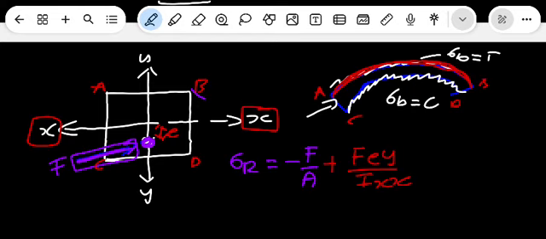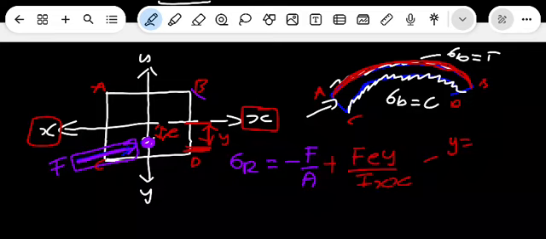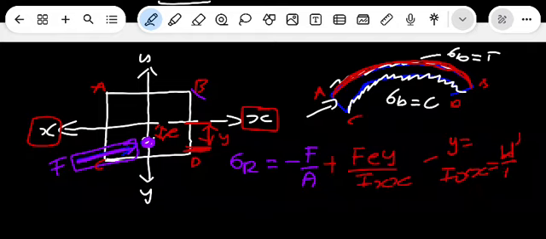But y is the distance from the center here, going downwards. That is our y. Then I, we know Ixx will be b d cubed divided by 12.